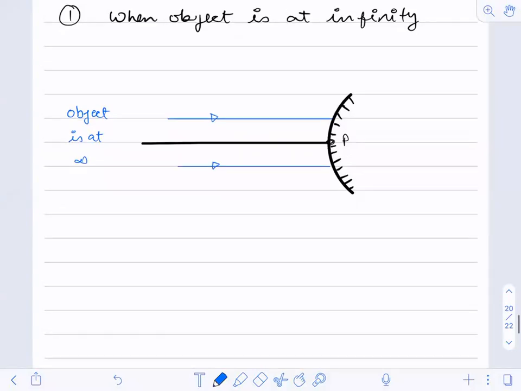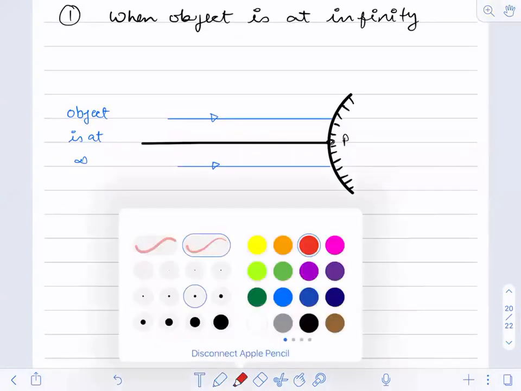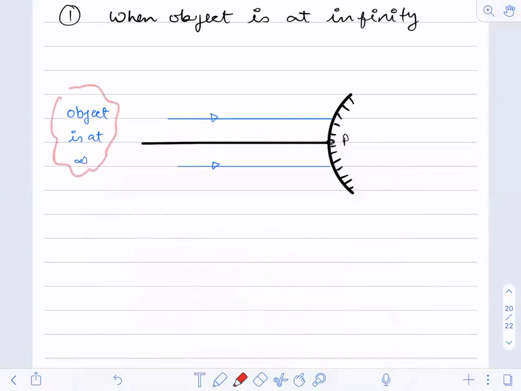So when I say the object is at infinity, this implies I can take the incident rays parallel to each other. They must be parallel to each other.